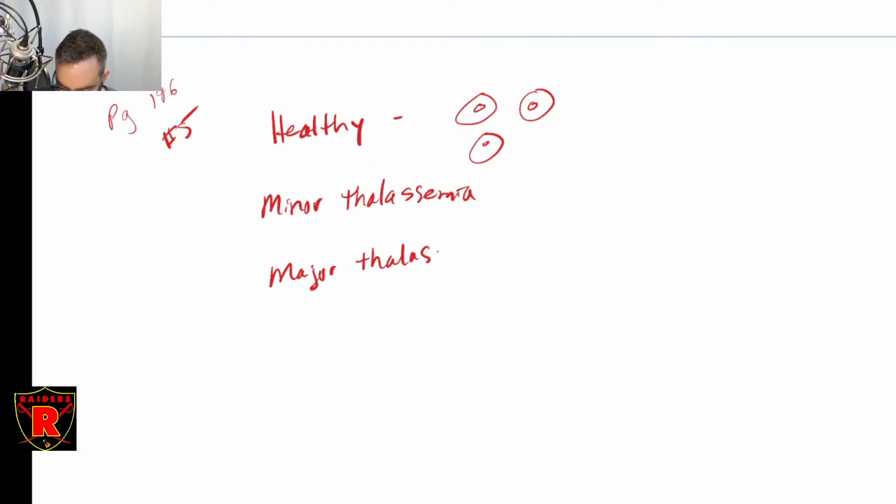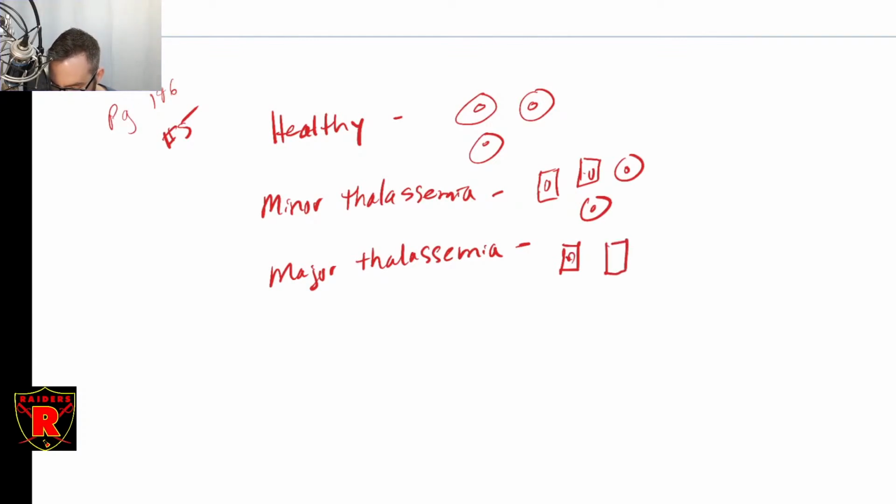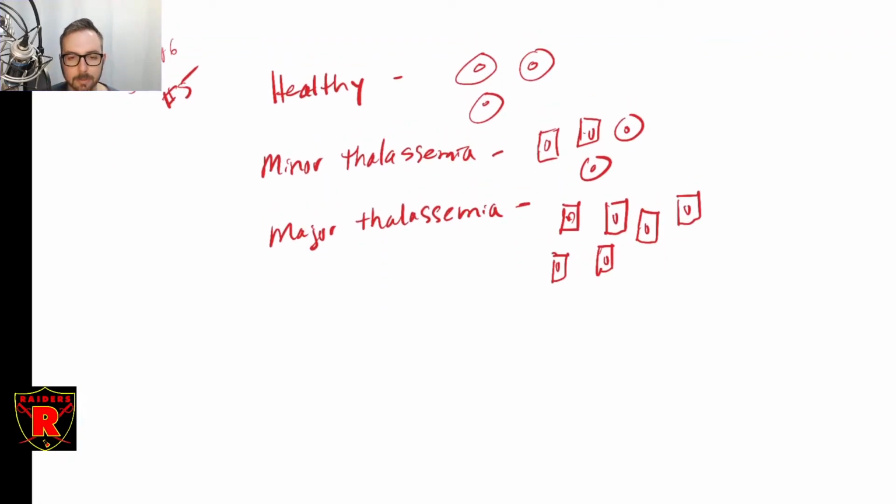The difference between these two is that in minor thalassemia, you get some misshapen red blood cells, but some normal red blood cells. It's sort of like a half and half. And in major thalassemia, you get all misshapen red blood cells that do not hold oxygen very well. So that's the difference between them.